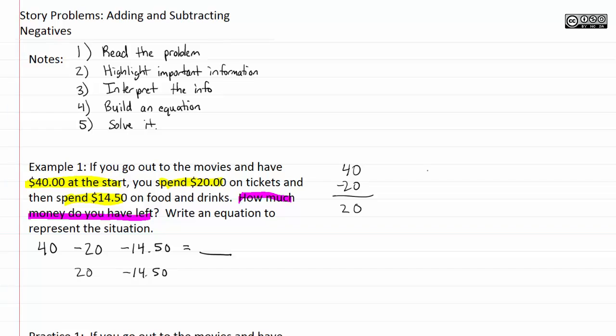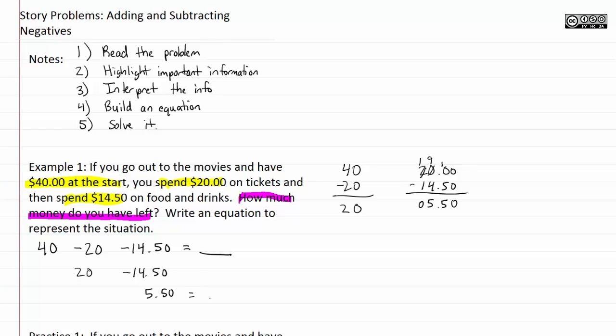I'm going to put the 20 and the 2 zeros, since I've got $14.50 to take away from it. 0 minus 0, we're good there. 0 take away 5, now I've got to borrow. So this becomes a 1, a 10, which goes to 9, and then a 10. 10 take away 5 is 5. 9 take away 4 is 5. 1 minus 1 is 0. So this is $5.50.